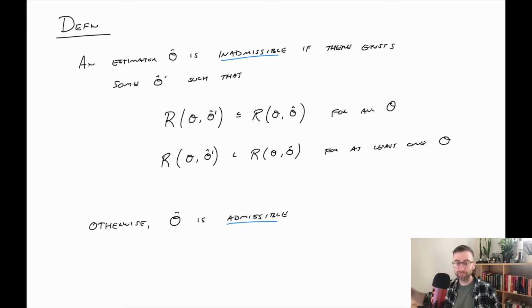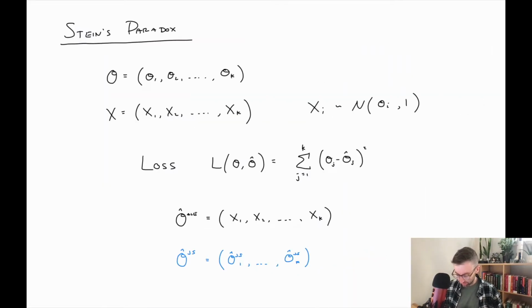So what we're going to do now is talk about a very interesting result. This result is called Stein's paradox. Suppose we have a vector theta of a bunch of parameters, theta 1, theta 2, all the way through theta k.